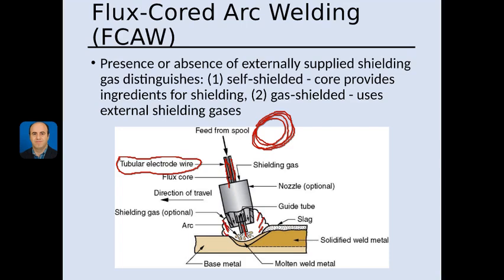The next one is gas shielded, and instead of using the flux, we also have to use gas to provide shielding, protecting the molten metal. So there are two versions, self-shielded and gas shielded.